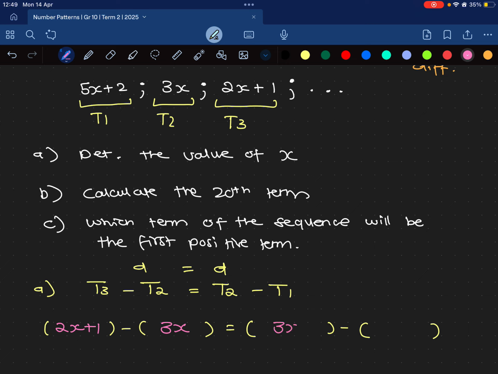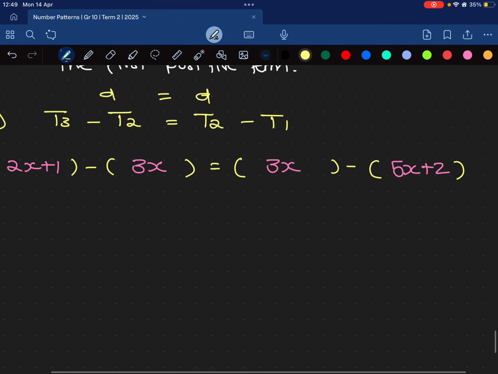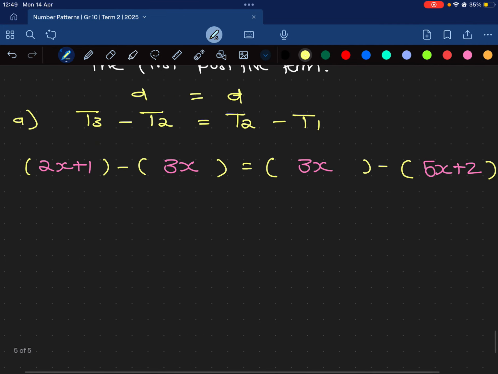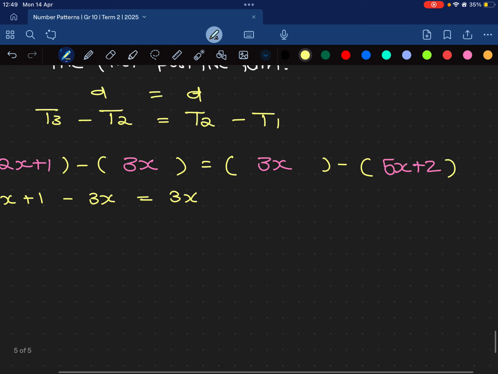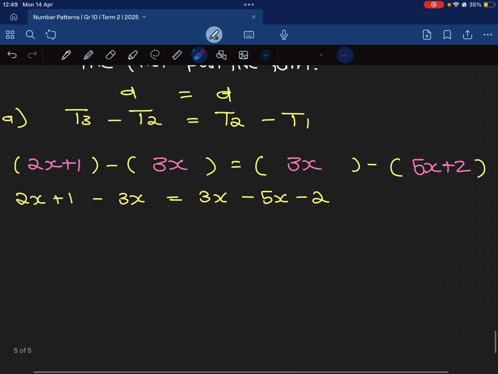The second term is still 3x, and the first term is 5x plus 2. Now you get rid of your brackets. So you'll say 2x plus 1 minus 3x is equal to 3x minus 5x minus 2. Remember this negative is going to change the signs inside those brackets.